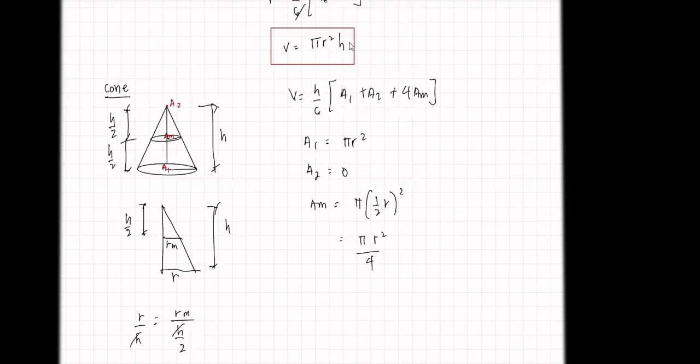So substituting do sa value, h natin is h over 6 times pi r squared plus 0 plus pi r squared over 4 times 4 kasi may 4 tayo dito sa formula. This will cancel out. We have volume equals to h over 6 times 2 pi r squared. Cancel natin to, may matitirang 3.